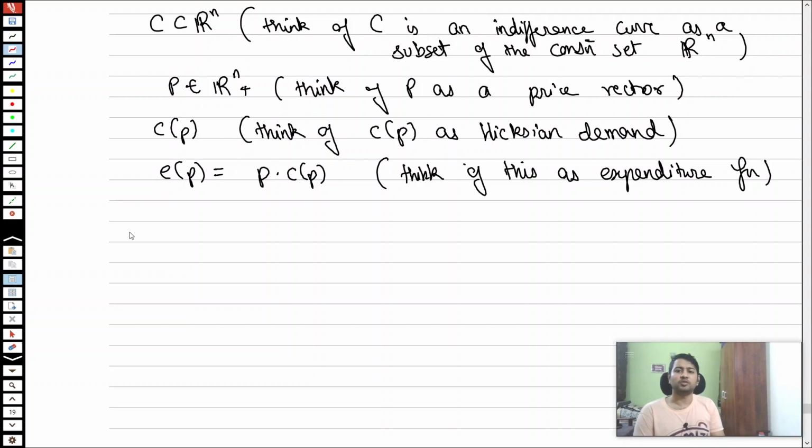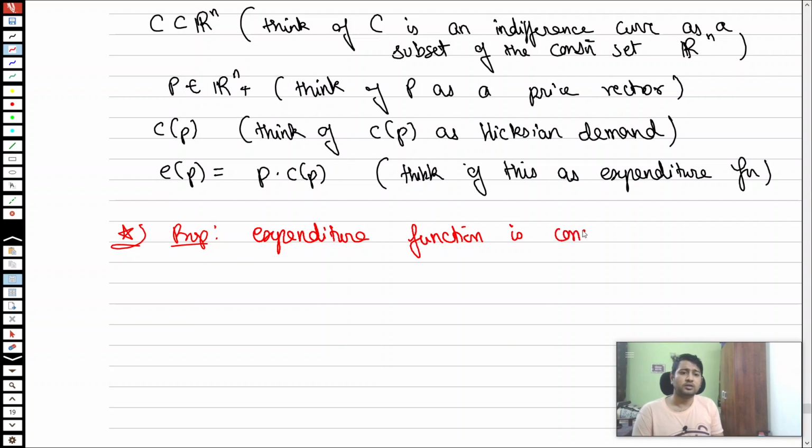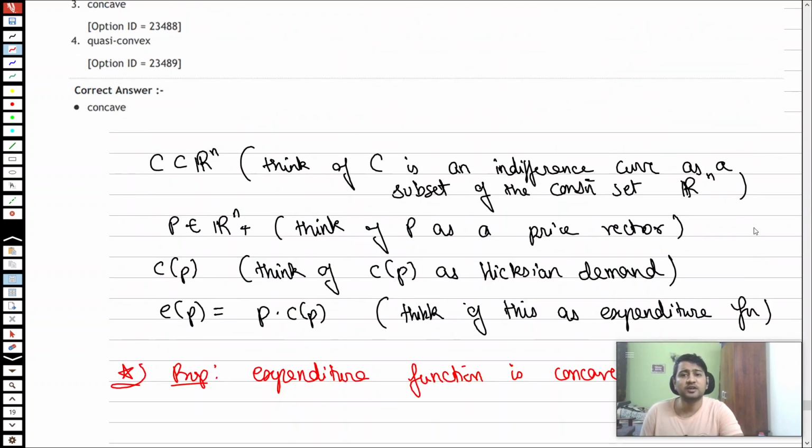Remember this property of the expenditure function, which we have done in class as well, that the expenditure function is concave in prices. This is what they have asked the proof of.